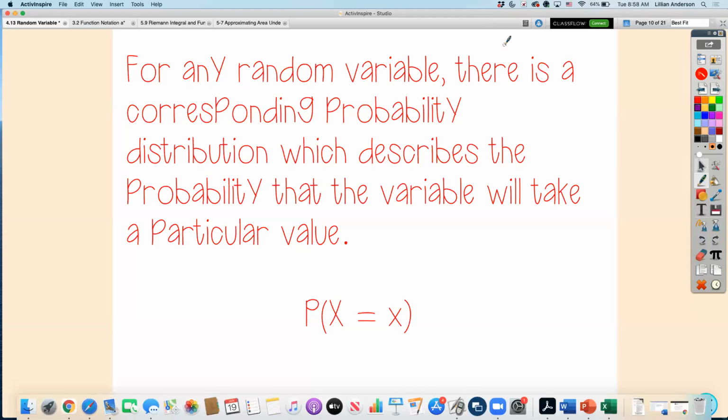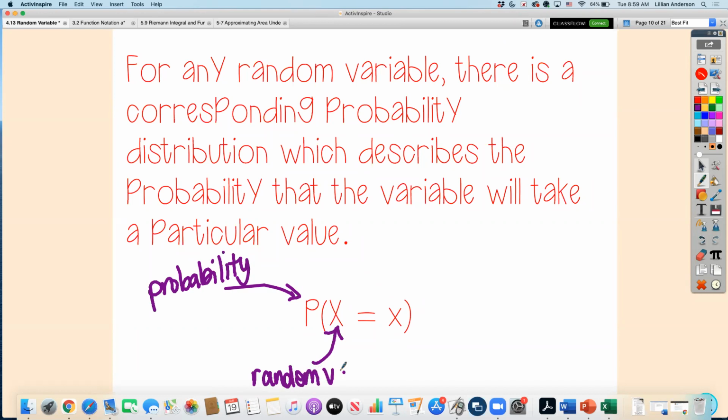So this is where that basic knowledge of probability comes into play. The capital P represents probability. The capital X represents our particular random variable.